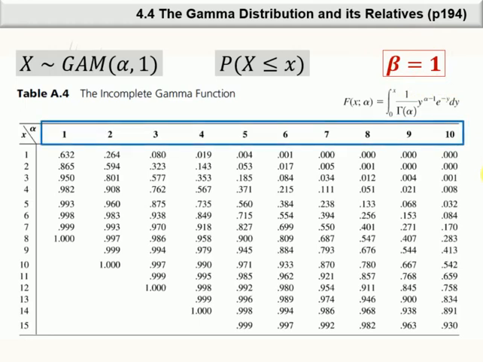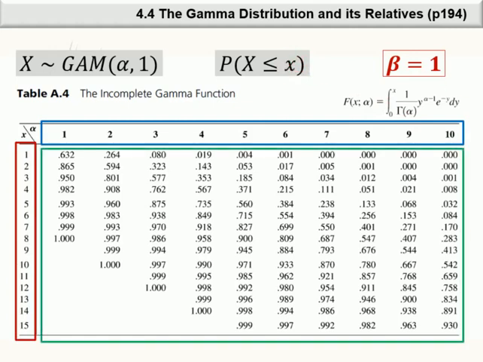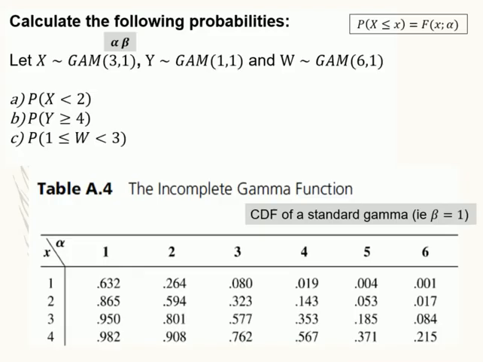The top row gives you the different values of alpha that you could have, and the far left column gives the values of x, the lowercase x. All the values inside the table are your probabilities. Okay, let's have an example so we see how to read the tables. Let's start with A. Suppose X follows a gamma distribution with alpha equal to 3 and beta equal to 1.